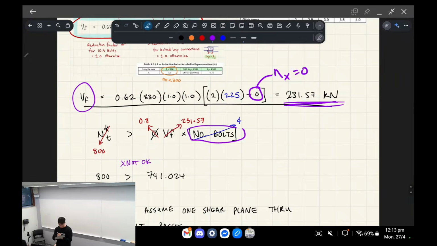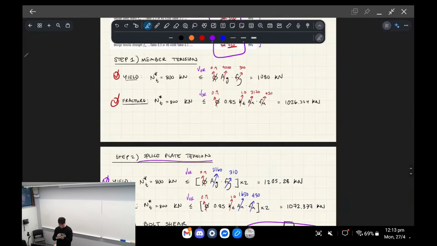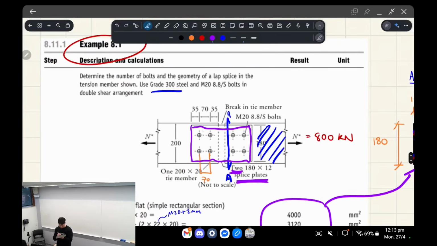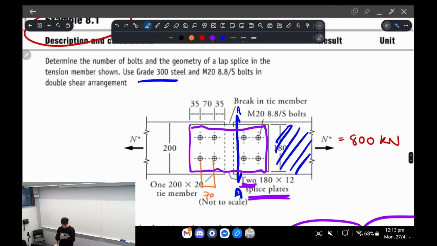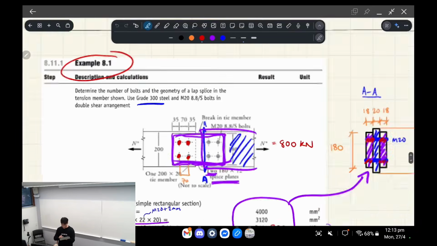And so if we check it for 4 bolts, if you think of the load path, you've got your load, and it goes from the member to the splice plate, and then you have another interaction where it goes from the splice plate to the member. So we're only checking for 4 bolts because in a single interaction, there's only 4 bolts happening at once, as the load's being transferred.